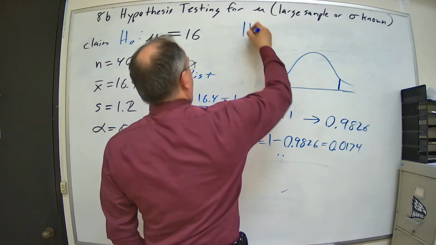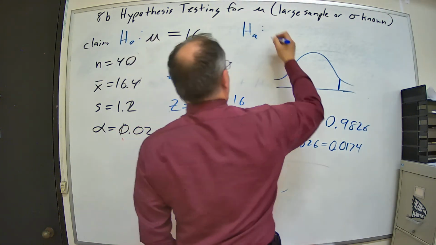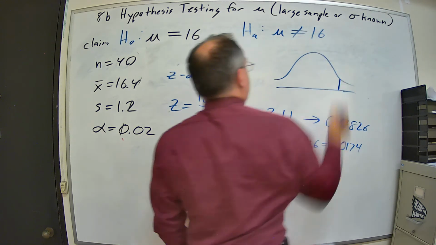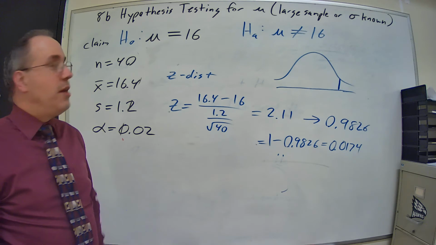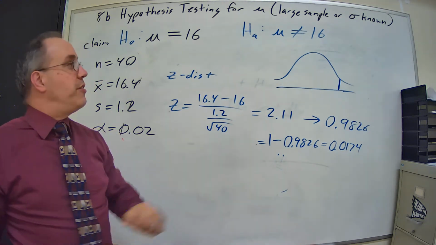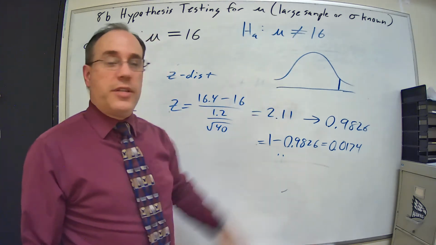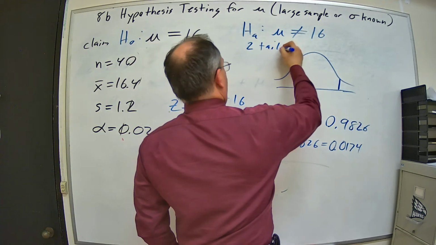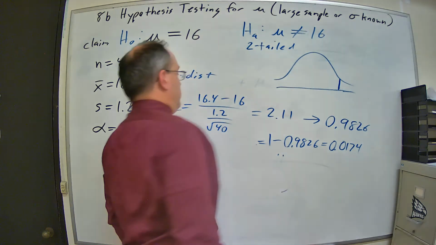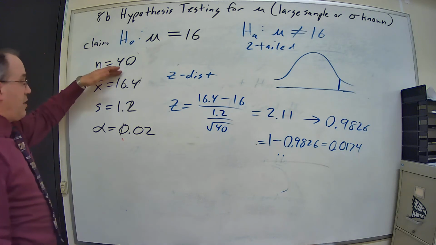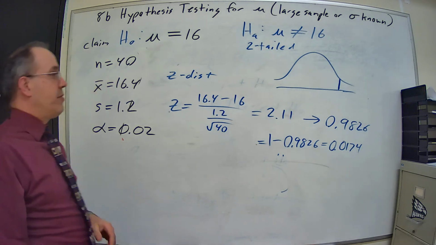The alternative hypothesis is that mu is not equal to 16. The alternative hypothesis points the way to tell us what test we're going to use. Not equal splits it into two, so it's a two-tailed test. Two-tailed test. We can still use the z-distribution because we have a large sample.